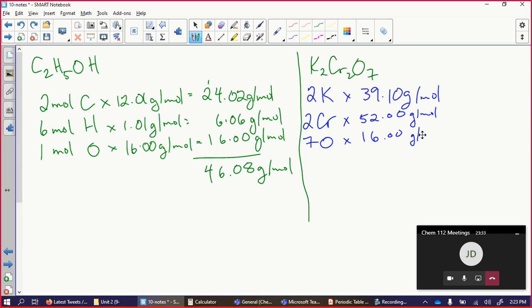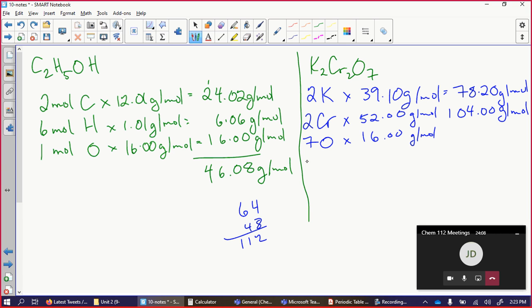And the other thing is like, oh, do we have to put grams per mole over and over and over again? That's 78.2. That's 104. 64, 48 is 112. And this is something I would do because of familiarity.